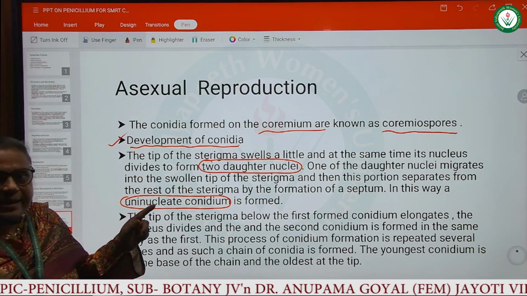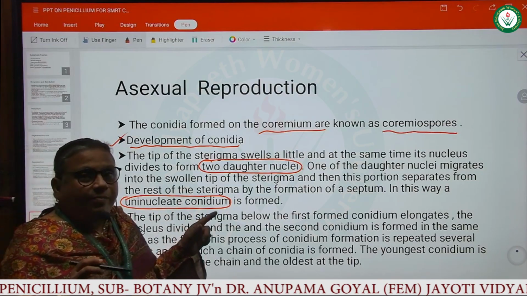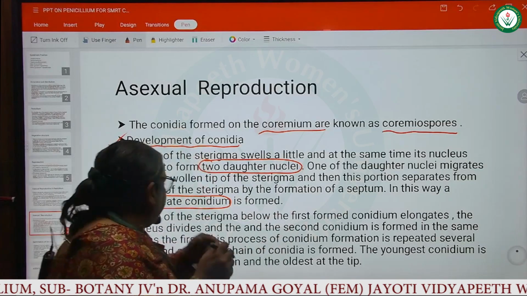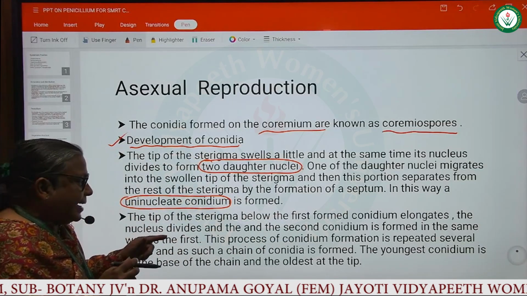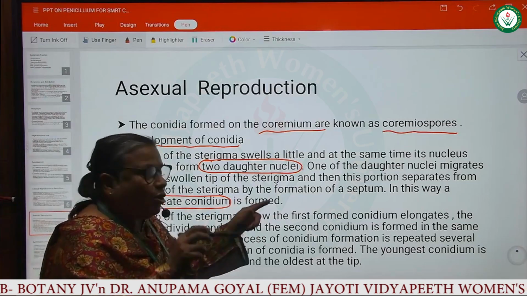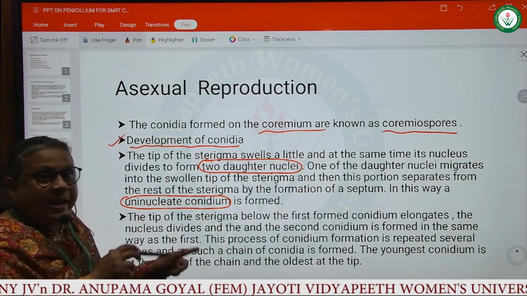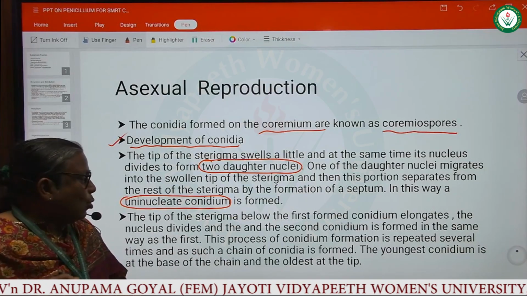The tip of the sterigma below the first formed conidium elongates and the nucleus divides, and the second conidium is formed in the same way as the first conidium.